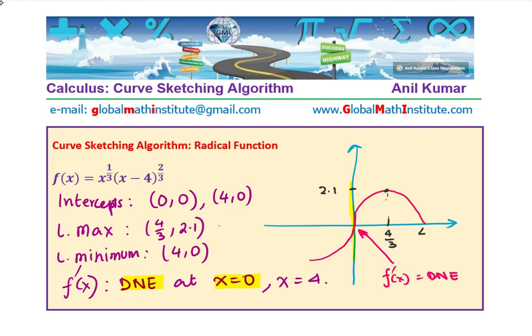Now, at 4, which is the x-intercept, we again find that the first derivative does not exist, right? So at this point, it is a cusp. Like you expect in a radical function. So that is the characteristic of a radical function. So how did I find this is a cusp? Because a cusp is a characteristic of a radical function.